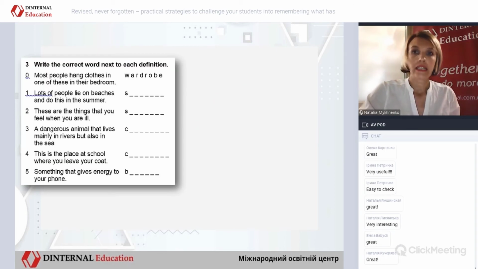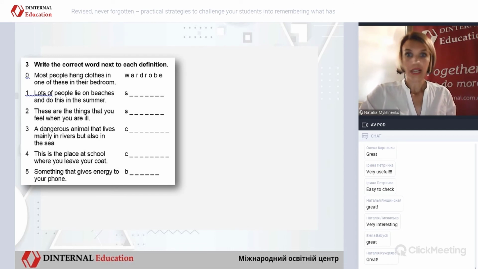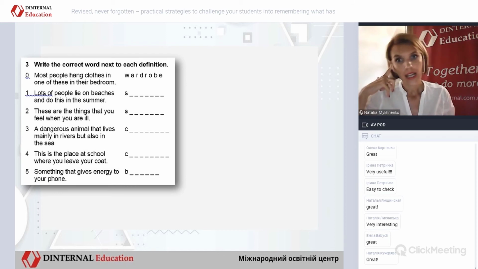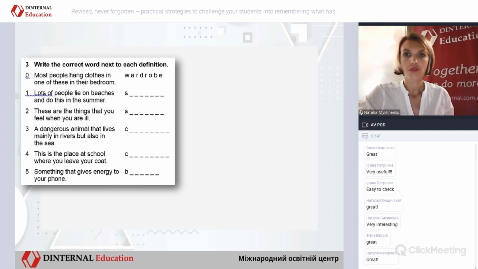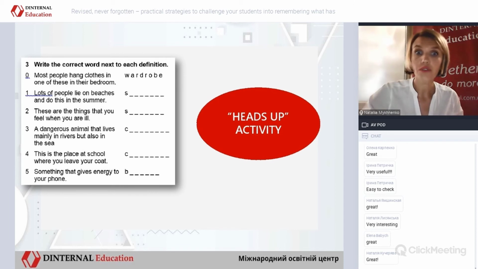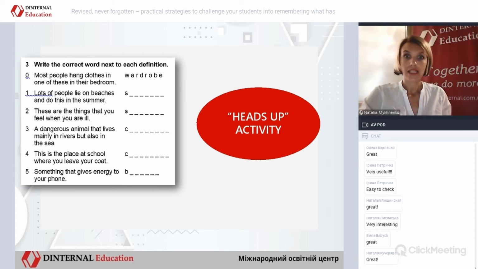But then I have a look at the second task. Write the correct word next to each definition. So I see the definitions, I see the first letter of the word, and I start thinking, okay, what can I do with this activity? How to do it in an interesting way, not just sitting and writing. I understand that this activity can be done heads up.